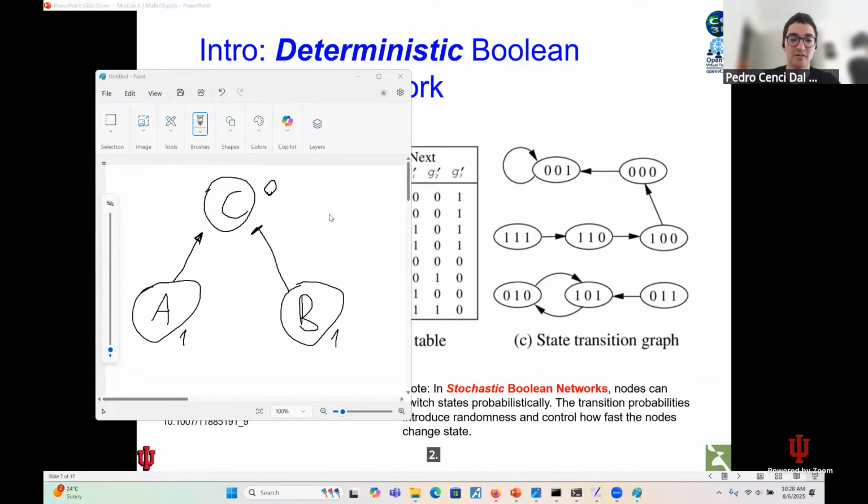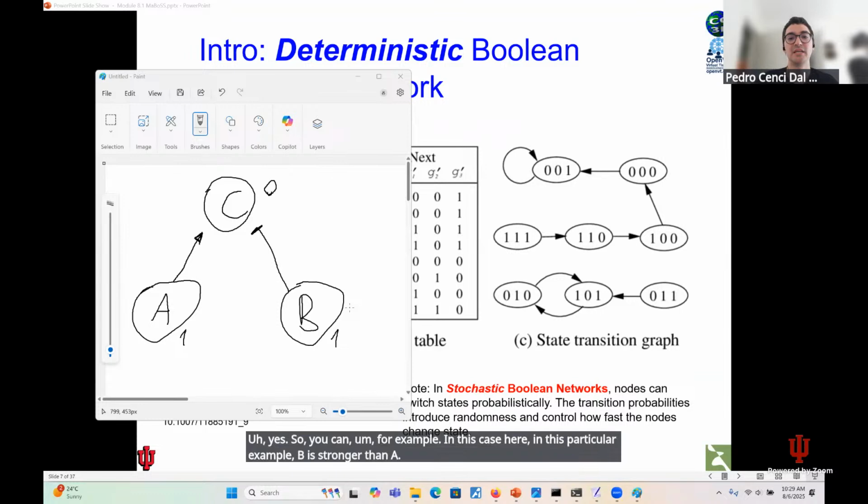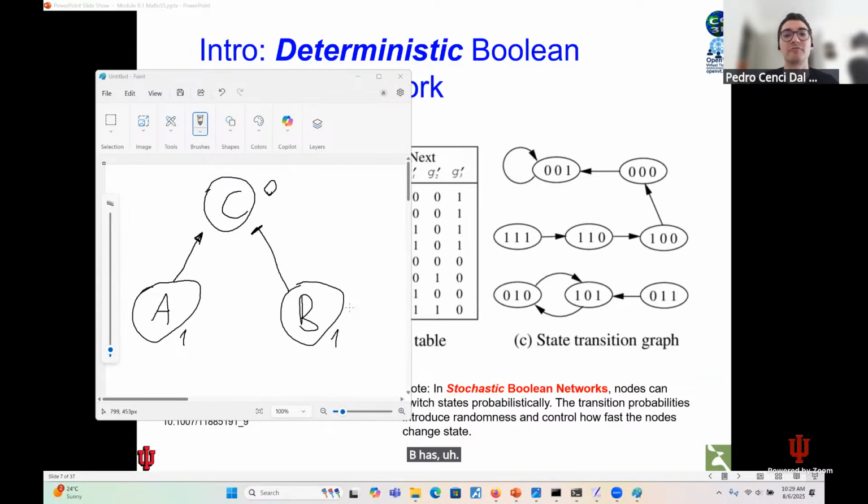These are your basic operators. Is that how you encode the strength of each activation and suppression? Yes. In this particular example, B is stronger than A. B is more powerful than A. Yes, this is one way of doing it.